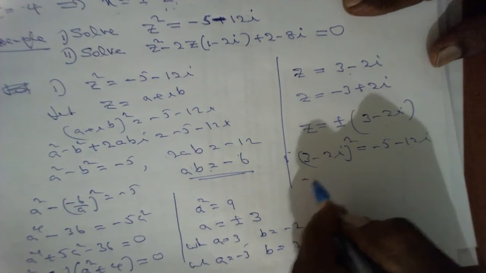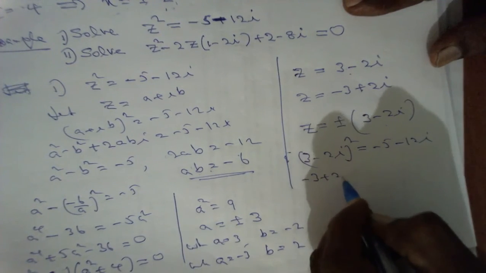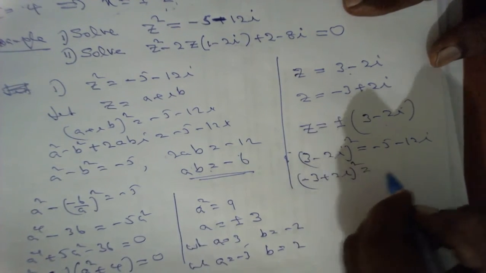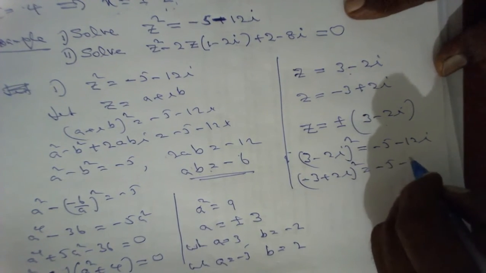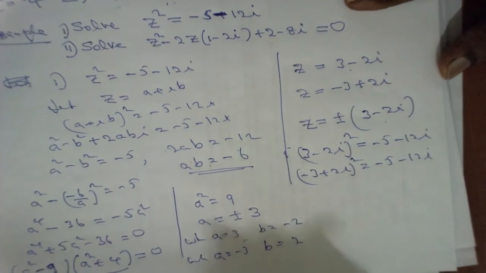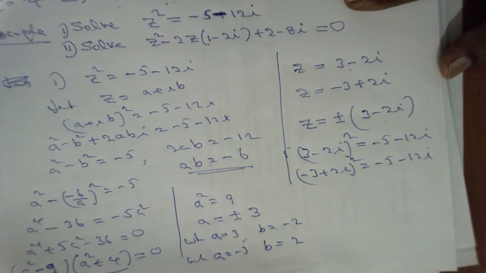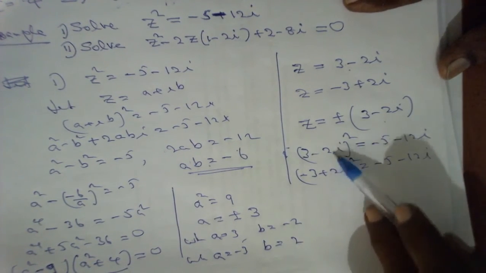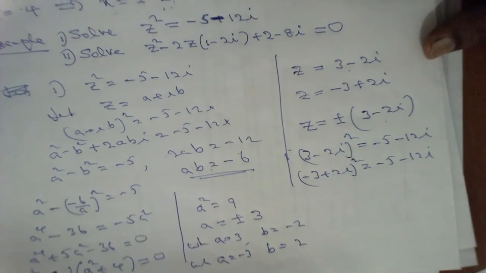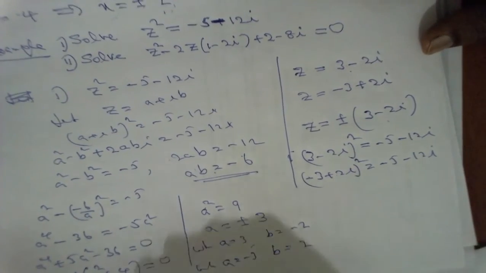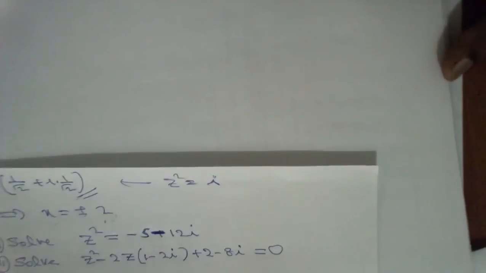If you take (minus 3 plus 2i) squared, that is also equal to minus 5 minus 12i. Is it clear? Both roots satisfy this equation. Is it clear? Right.